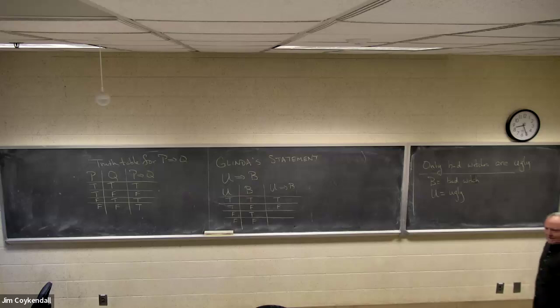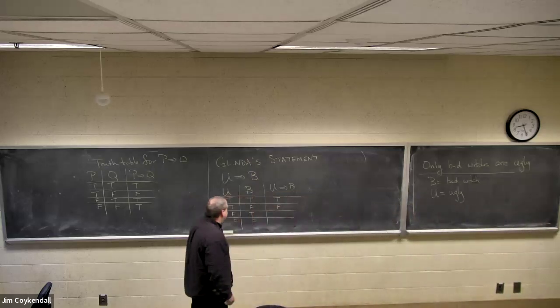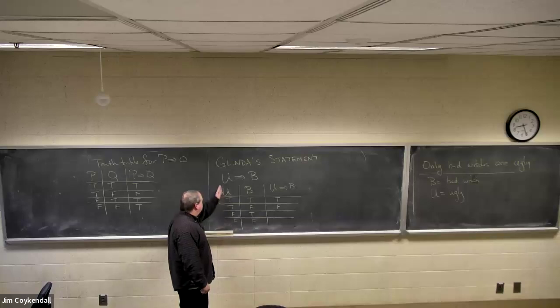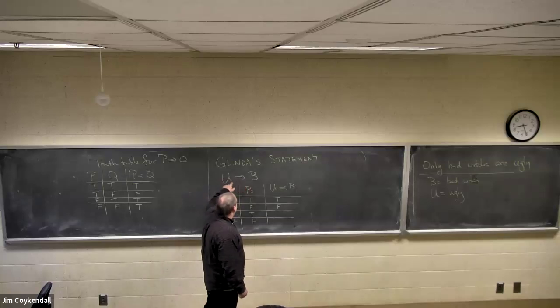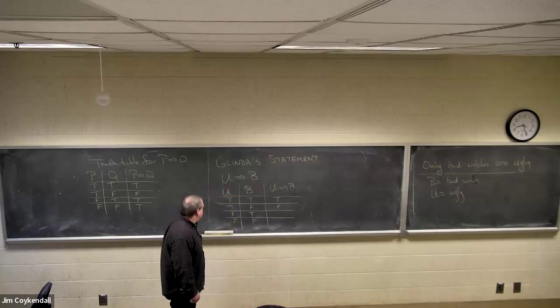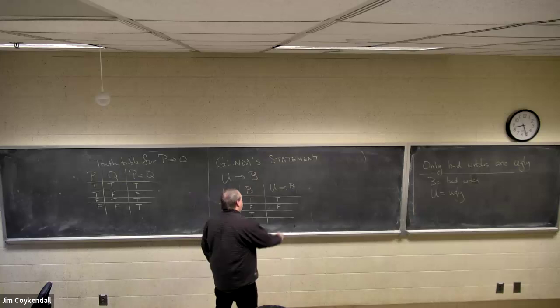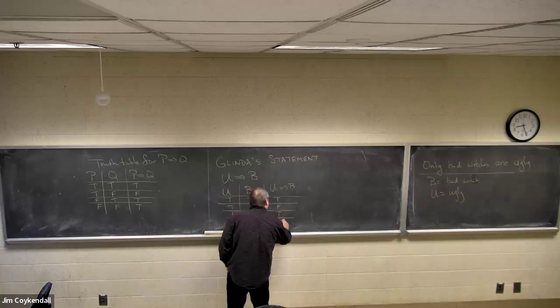No. So if you see an ugly witch, can she be bad? Possibly. So ugly implies bad has to have this truth table.